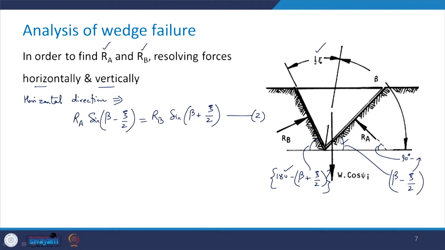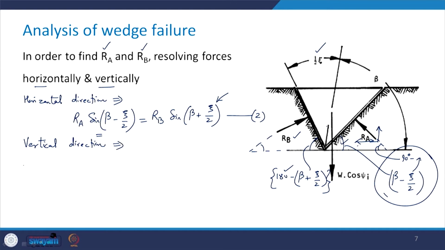And its horizontal component is going to be RA cos of this angle 90 minus beta minus zeta by 2. So, 90 minus theta is sine theta. So, that is how we will get this term. Similarly, you can find out this angle and get the component of RB in the horizontal direction, and you will get this expression.